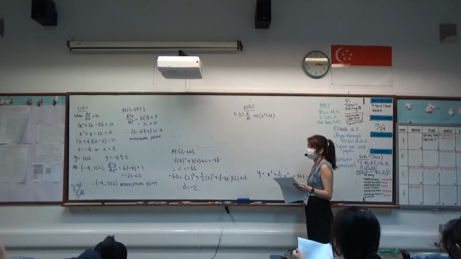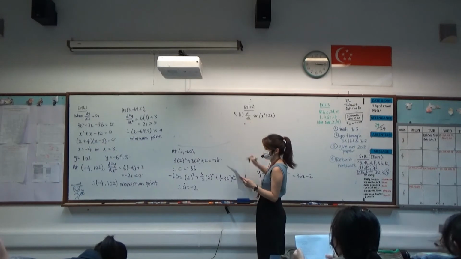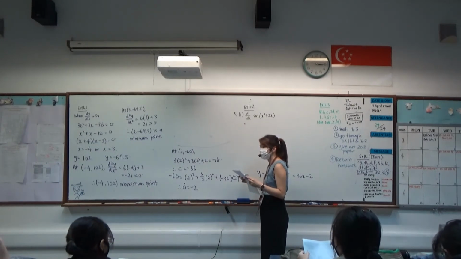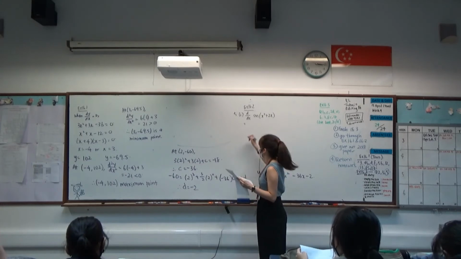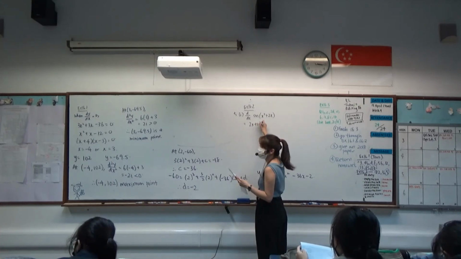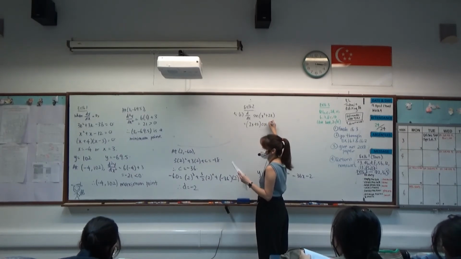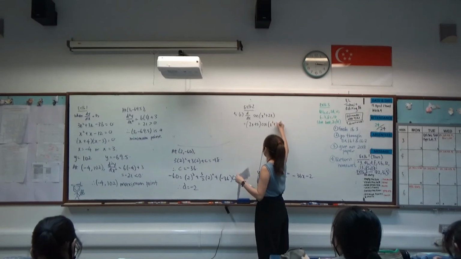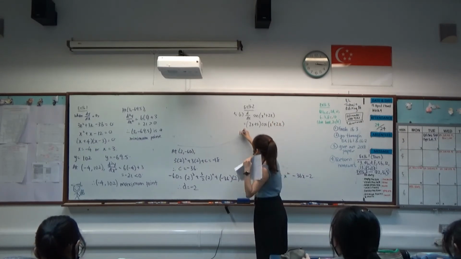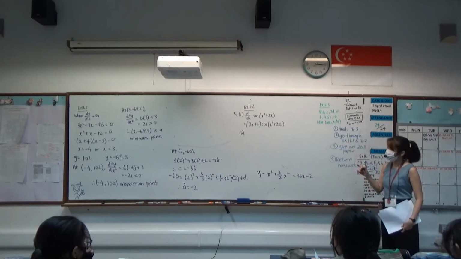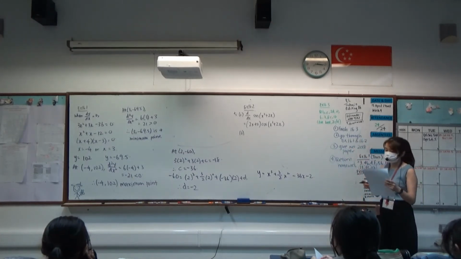What do you get? 2x plus 2 cosine x squared plus 2x. Okay, so part I, when you differentiate, you should get the answer 2x plus 2 cosine x squared plus 2x.